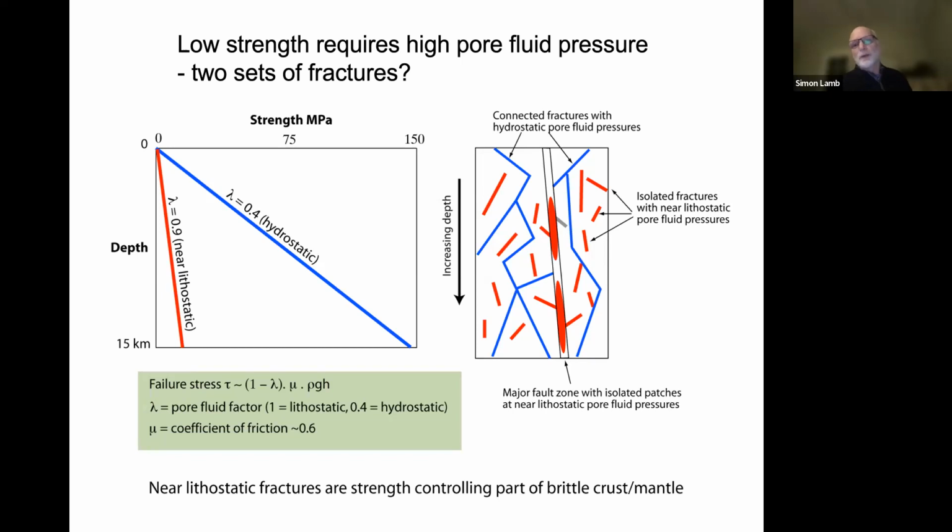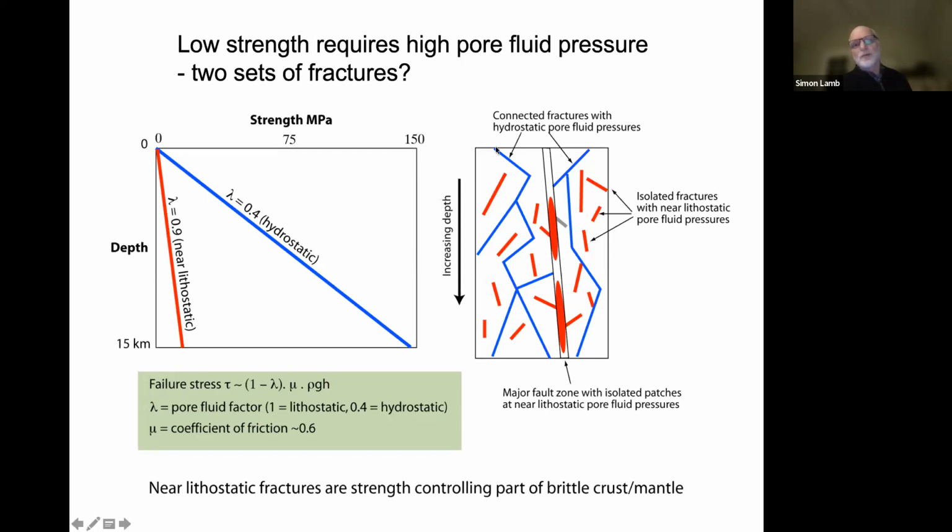In my view, that's what microseismicity is: near lithostatic fractures failing, and they fail all the time. If you look at plate boundaries and the seismicity, it's an absolute storm of microseismicity. It's cracking away all the time.